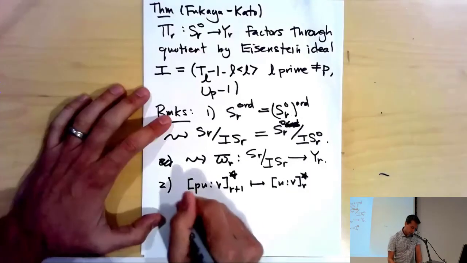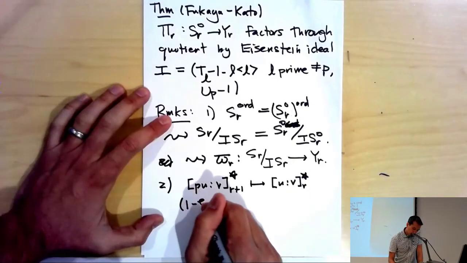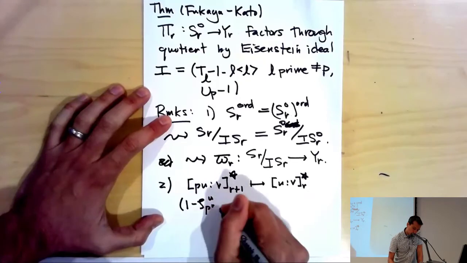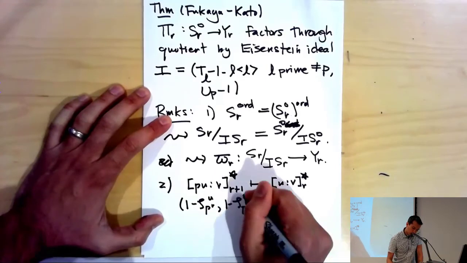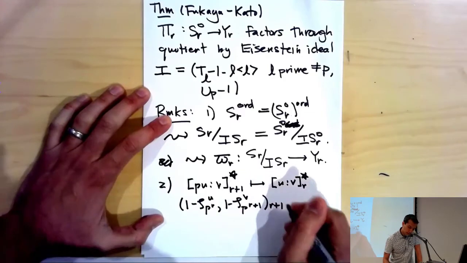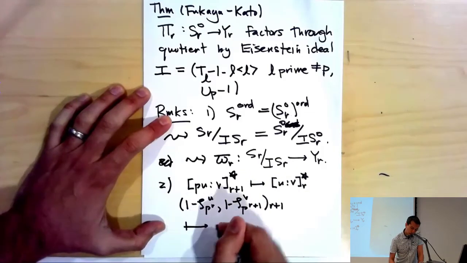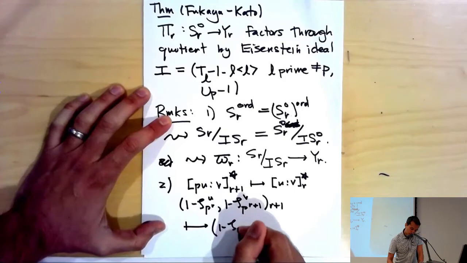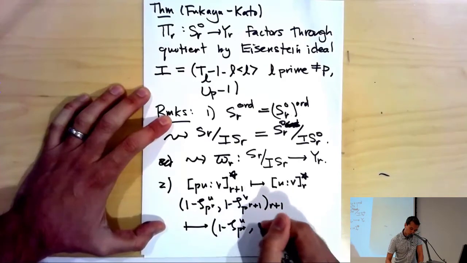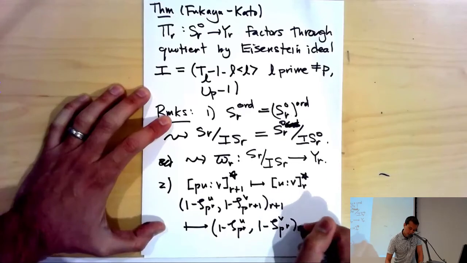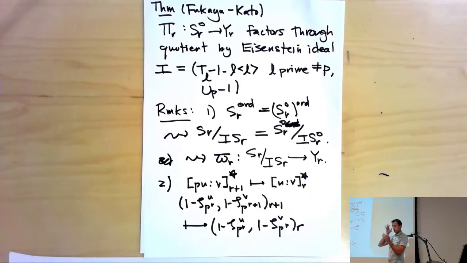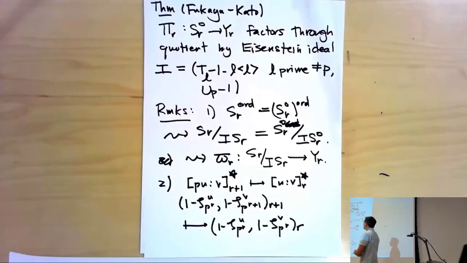And also 1 minus zeta p^r to the u and 1 minus zeta p^(r+1) to the v, r plus first symbol, maps to 1 minus zeta p^r to the u, 1 minus zeta p^r to the v, rth symbol, under co-restriction or norm.